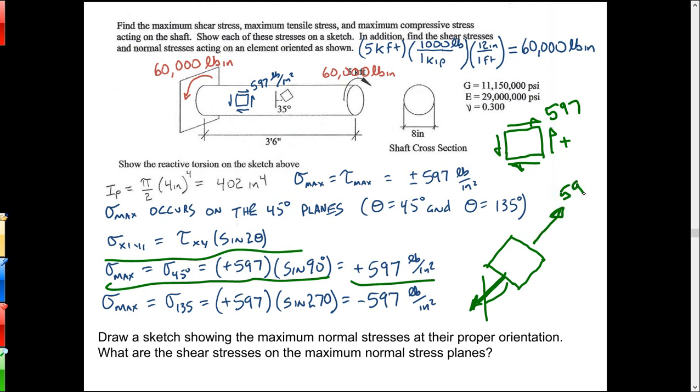Okay. And then the other maximum normal stress on the 135-degree plane: positive 597, that's tau xy, times sine of 2 times 135, sine of 270, is negative 597. It's going that way, okay? So you can do them visually, or you can actually run the numbers on them if you're not comfortable doing them visually.